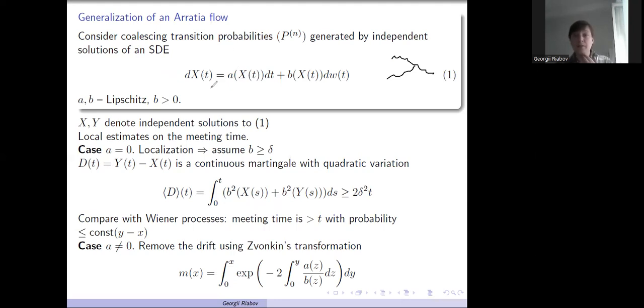We consider solutions of such stochastic differential equation that move independently before the meeting time and coalesce at the meeting time. And from our results, such a flow exists. In fact, the only thing we need to verify is the estimate on the meeting time. I wrote the estimate on the meeting time as the following inequality.